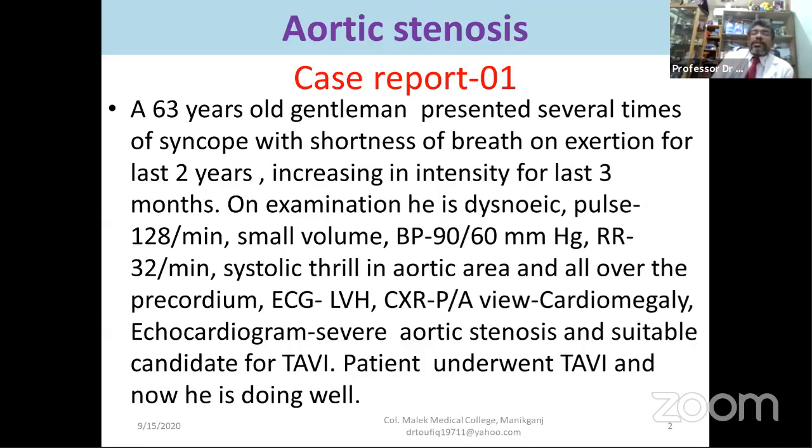By this study, we can measure the aortic valve area and the gradient across the aortic valve from the left ventricle to the aorta. By measuring the gradient with Doppler study and color flow, we can also detect the severity of the aortic stenosis.